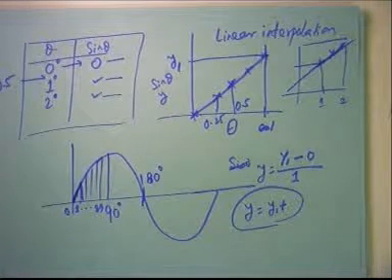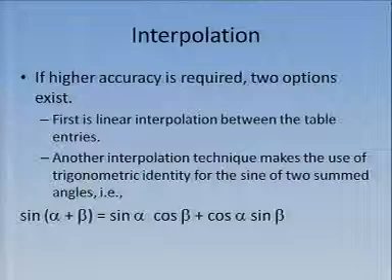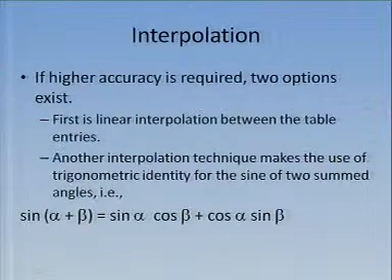So, next is another type of interpolation. Okay. So, as I said, the first one is the linear interpolation, which is done here, and the second one makes use of trigonometric identity. Okay. So, here I take care of trigonometric identity for the sine of two summed angles.